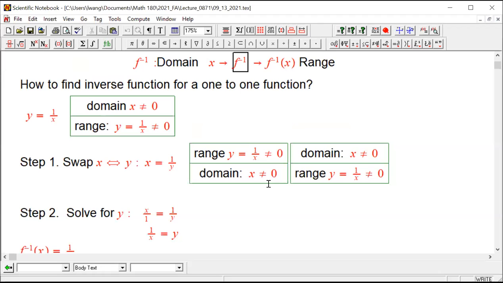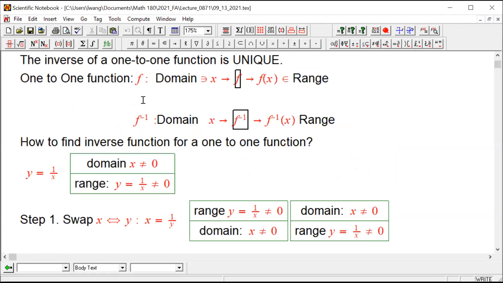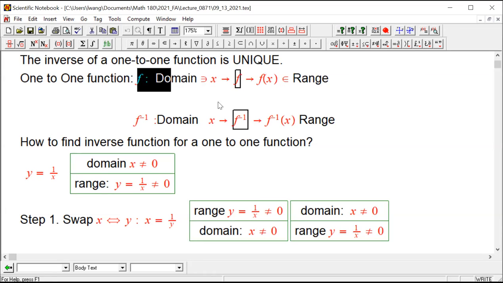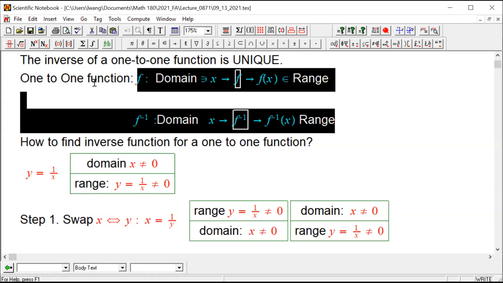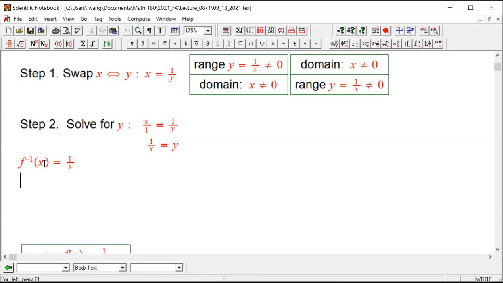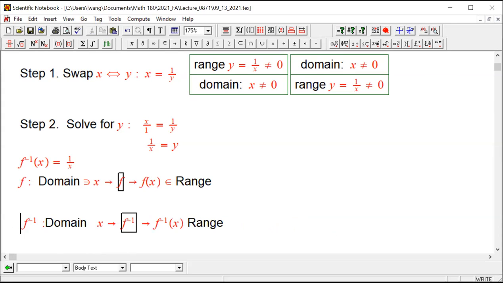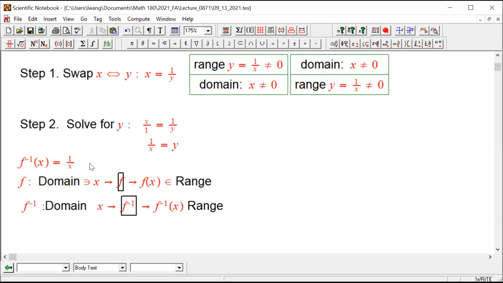Okay, so now we have 2 rules, right? This is one rule. We have 2 rules. And in this concrete example, I want everybody to roll up your sleeves, have your paper and pencil with you, and we're going to do some work.